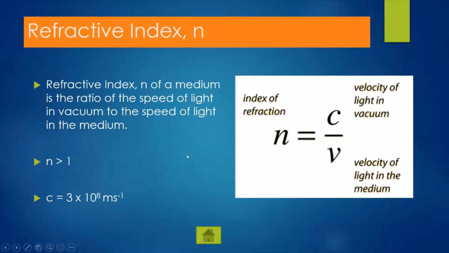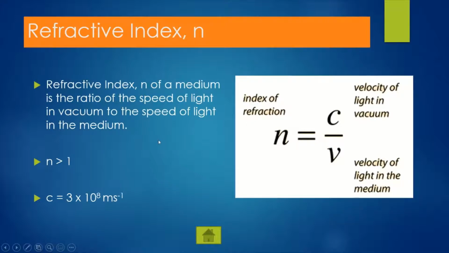So from here, we proceed to the definition of refractive index. Refractive index is defined as the ratio of the speed of light in vacuum to the speed of light in the medium. Look at this notation here: refractive index n equals c over v, where c represents the speed of light in vacuum and v is the speed of light in that particular medium.